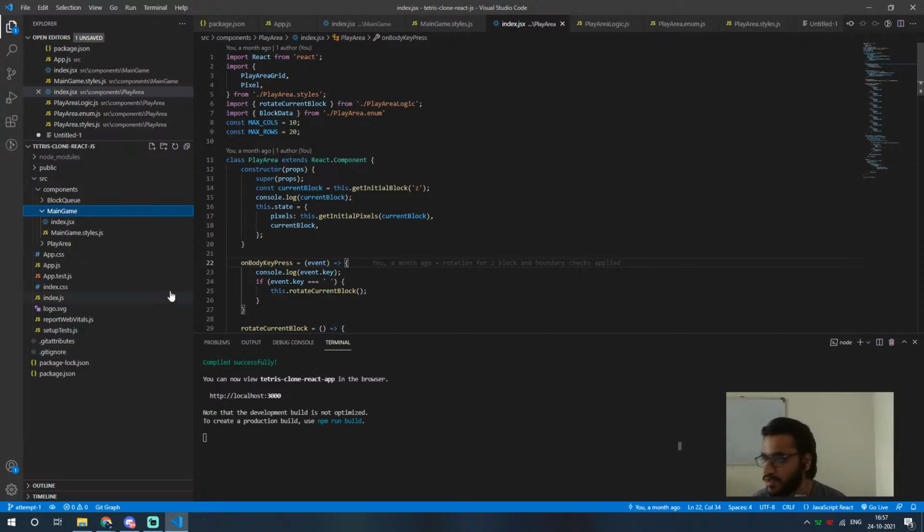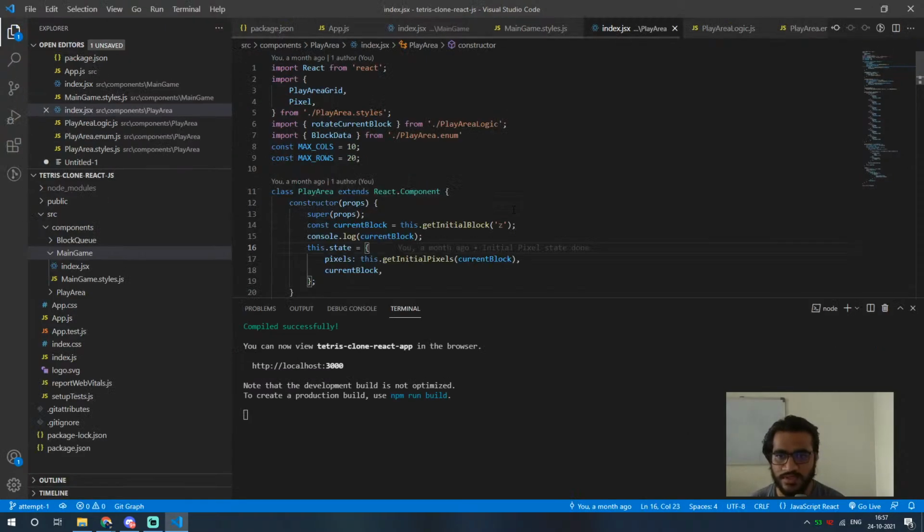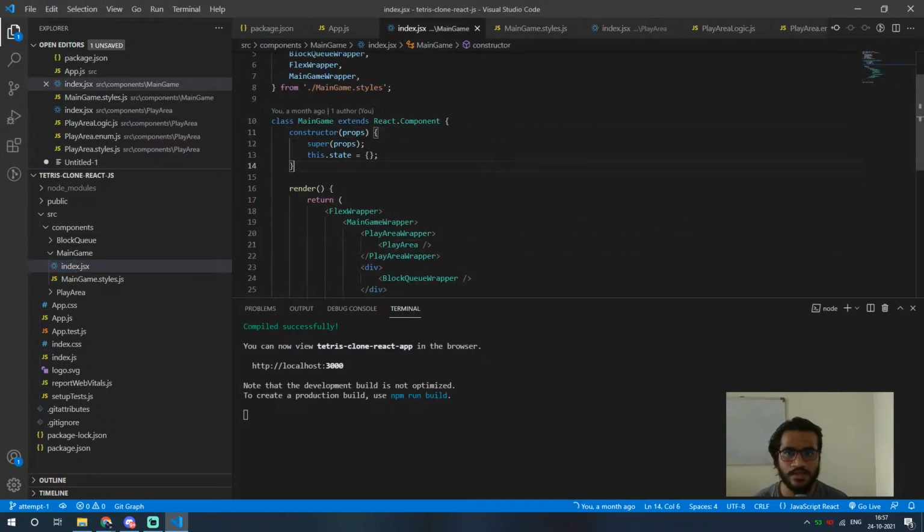I think it is not visible, right? Let me just zoom in. Okay, so let me set things up.